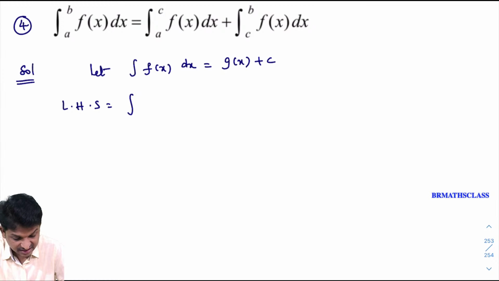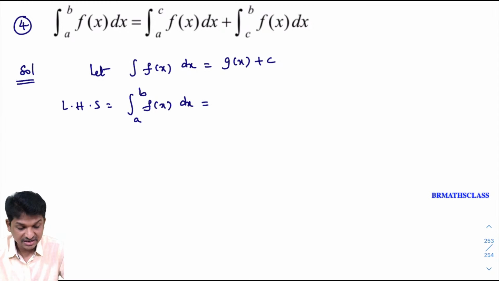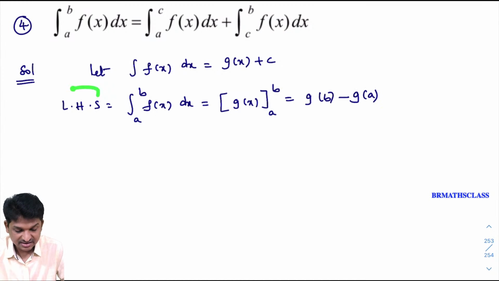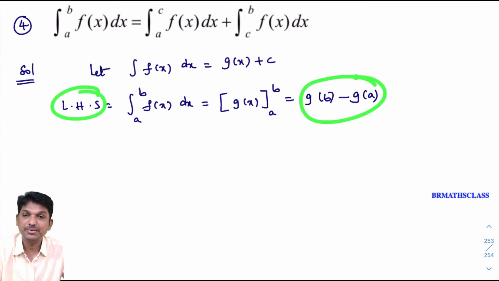LHS is integral of a to b f of x dx. As I taken integral of f of x dx as g of x, here you will get g of x, limits are from a to b. First apply the upper limit, you will get g of b minus, now apply the lower limit, g of a. So LHS I calculated, I got g of b minus g of a.